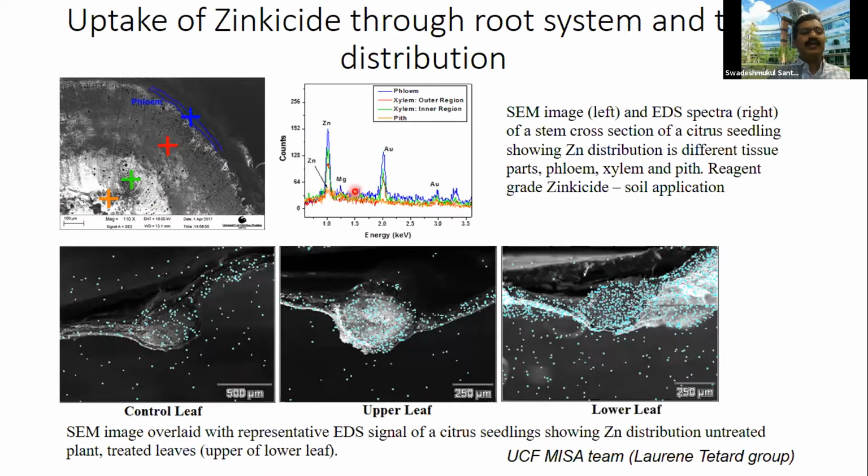If you have different sections of this plant tissue, you see control leaf versus upper leaf and lower leaf, and you see that it is distributed throughout the plant tissue, whether it is the woody part of it or the xylem or the phloem, it is everywhere. And naturally, the lower leaf close to the root system will have more population of zinc. So having said that, moving to the next slide.